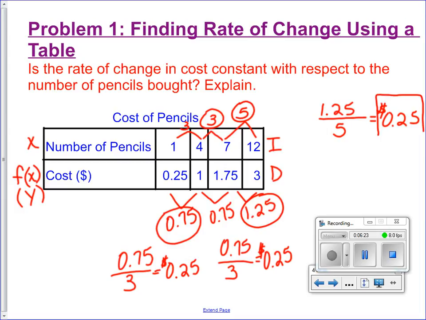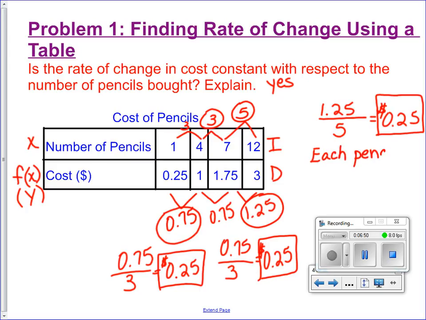In every case, when we took the change in our y, or our function at x, divided by our x, we get the same number. So the answer is yes. And we could explain this. Each pencil costs 25 cents.